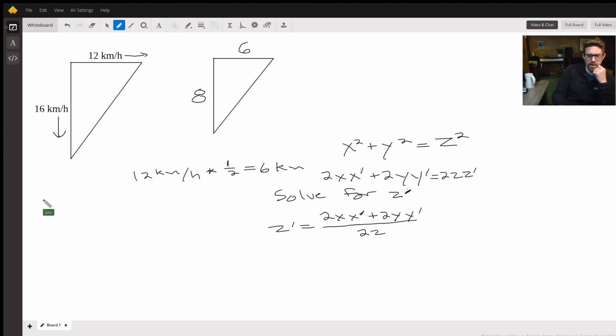All we can really do is divide everything by 2. Why not? So we have x prime plus y prime over z.